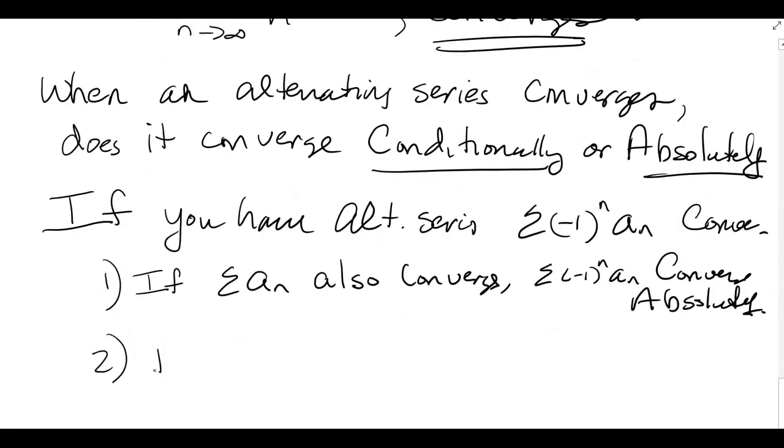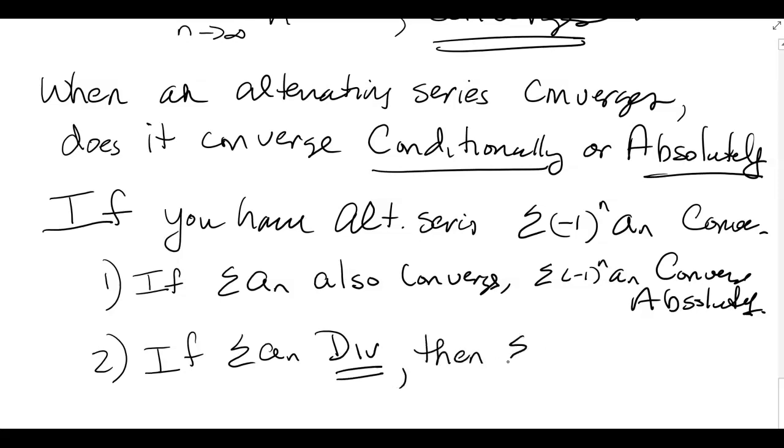But if the summation of a sub n diverges, then we say the alternating series still converges, because remember, that was the original condition, that the alternating series converges, but it converges conditionally.